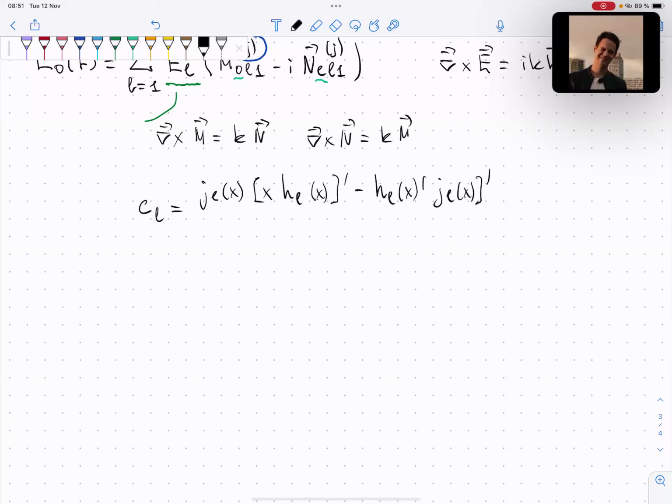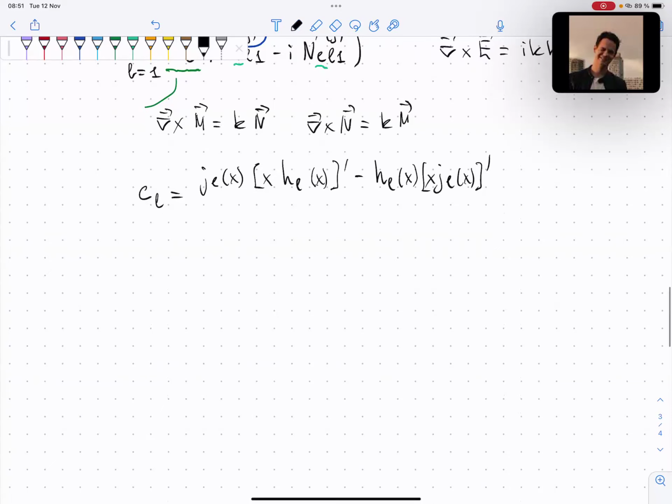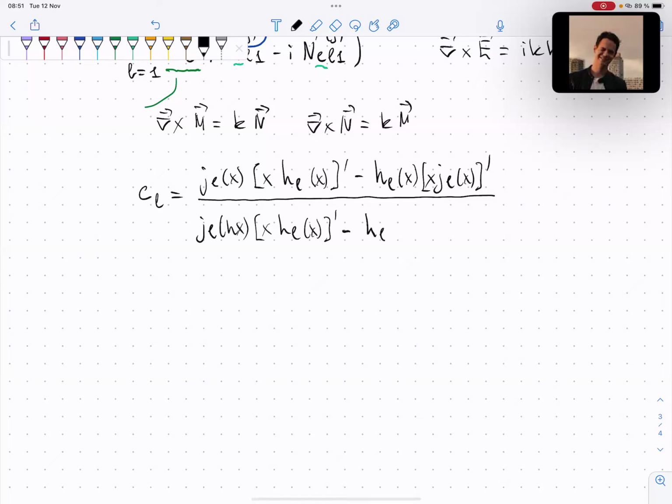It's also x here. Divided by J_l of nx multiplied by [x H_l of x] derivative, minus H_l of x multiplied by [nx J_l of nx] prime.